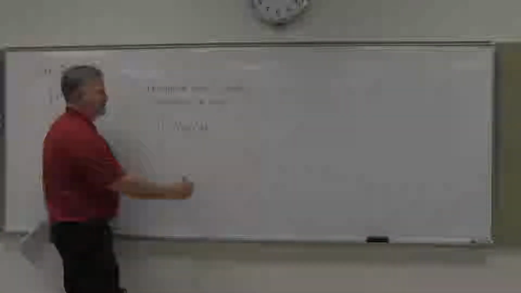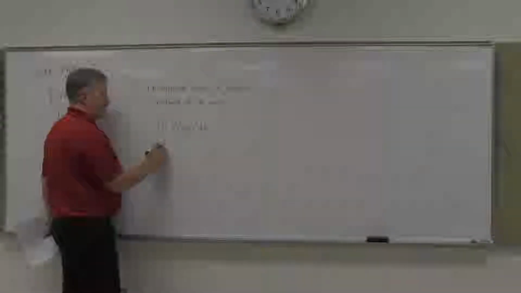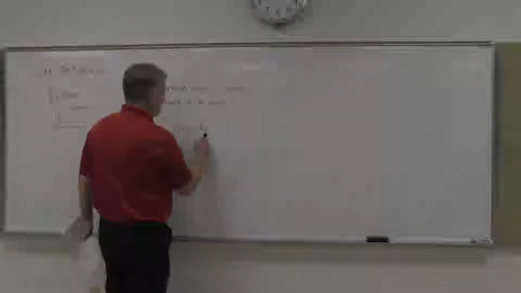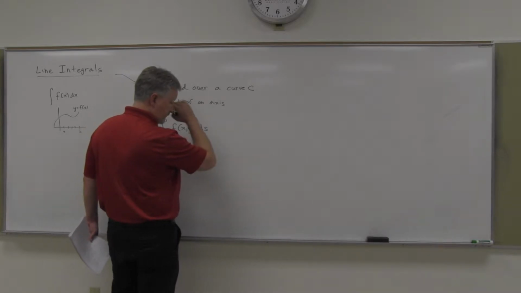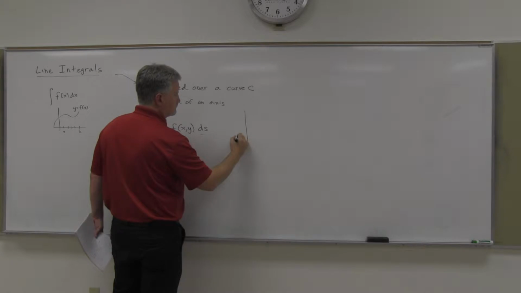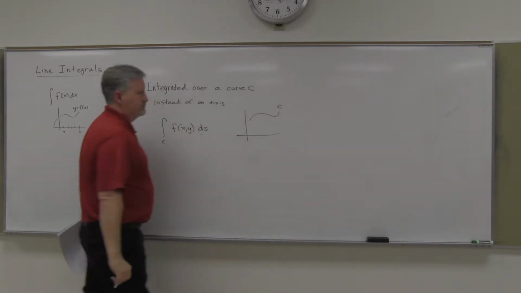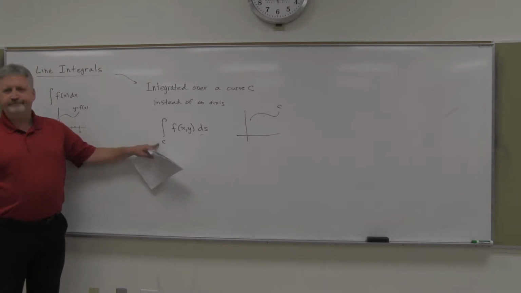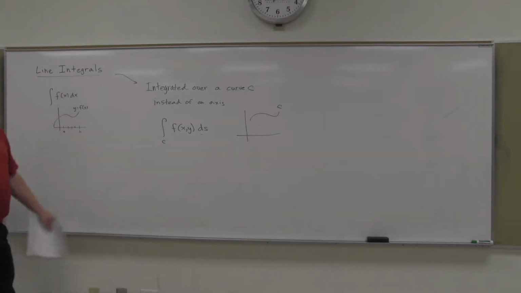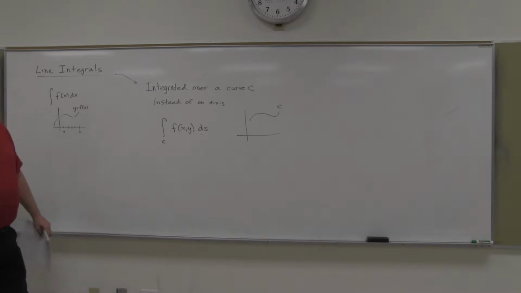So here's the deal. I've got this two variable function, but I've got this curve C, and I'm integrating with respect to s. So here's curve C. But this ds, what does that mean?